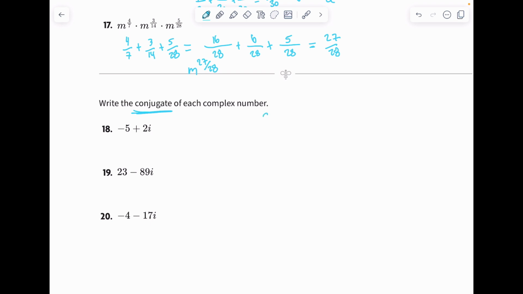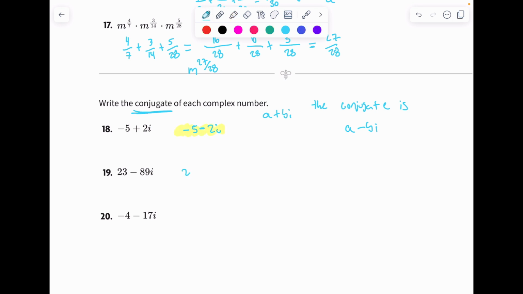The conjugate of A plus Bi is just the opposite: A minus Bi. That's all it really is. So for 18, the conjugate just means that I change the sign. So the conjugate there is -5 minus 2i. This is generally my final answer.